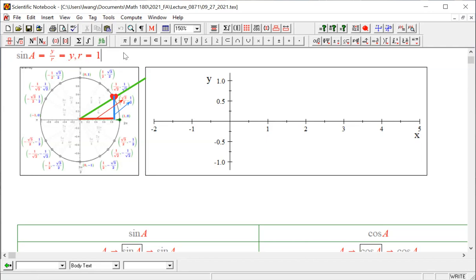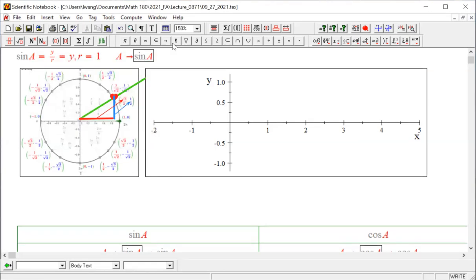So the input for sine is the angle, and the output is the ratio. And that ratio is, of course, this y. That's the output.